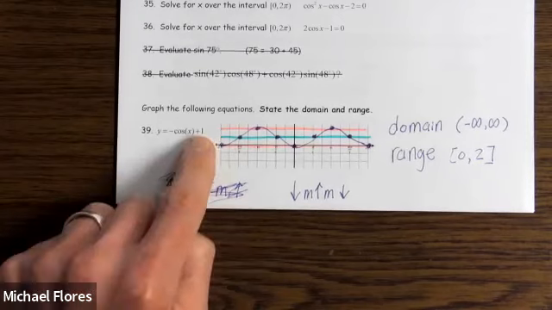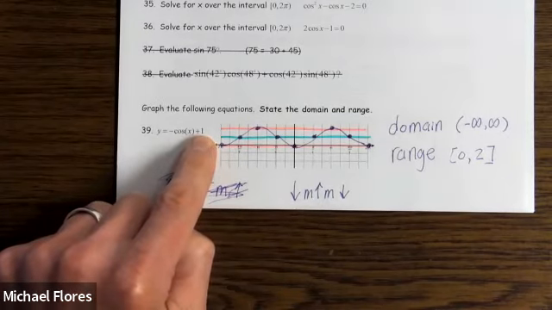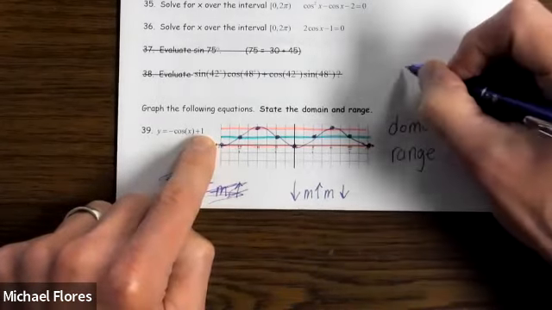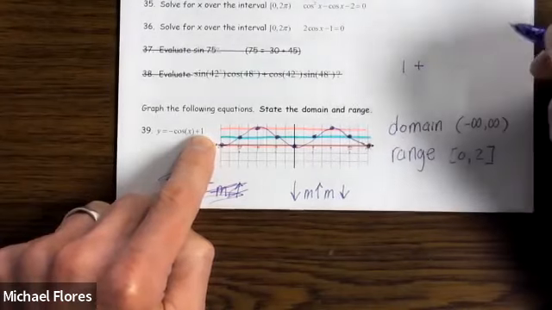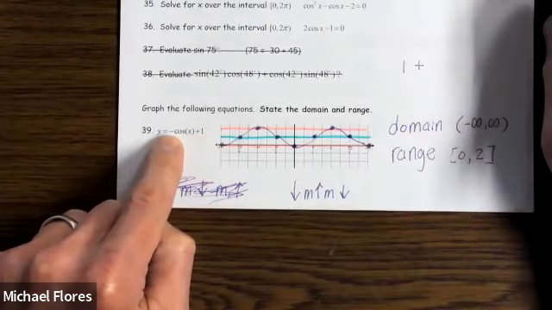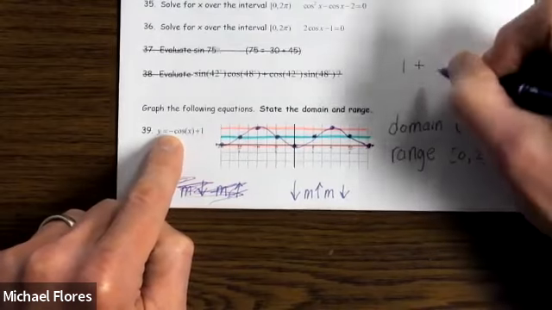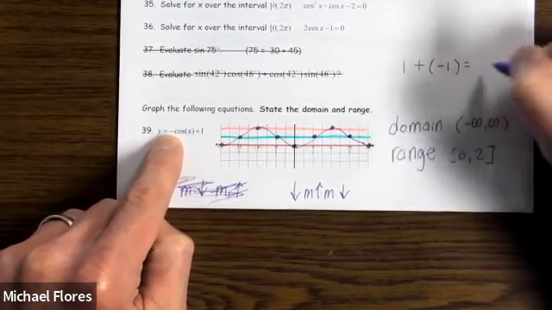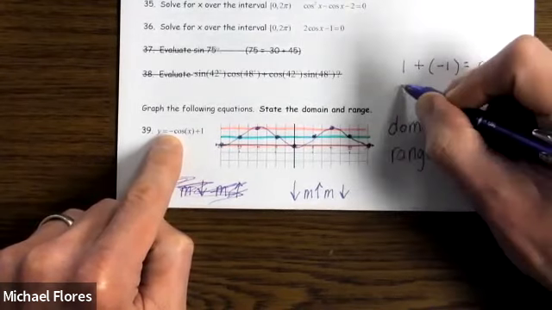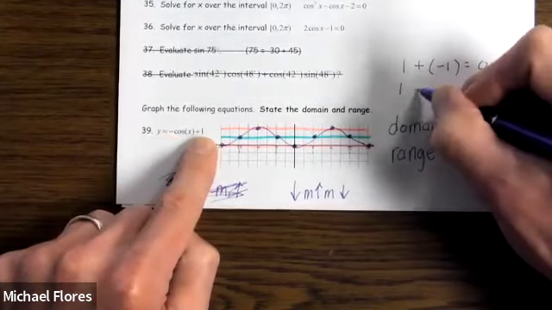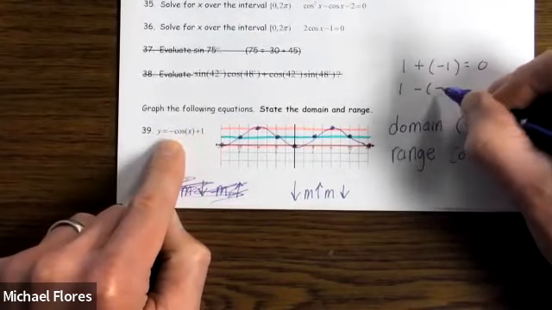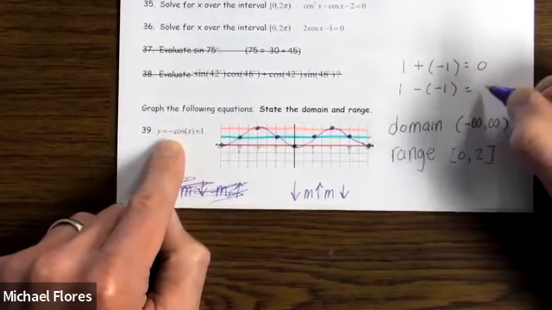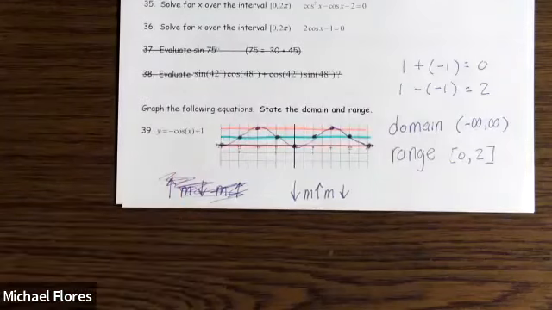What you do is note what your vertical shift is. In this case, it's 1. And you're going to add that to the a value, which is just the number in front of your trig function. So 1 plus -1. That would be 0. And then do 1 minus -1, which would be 2. So there's 2 different ways you can find your range.